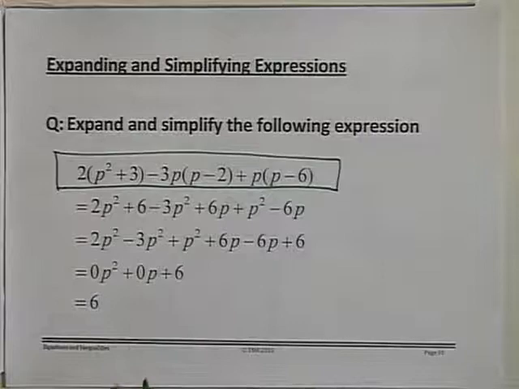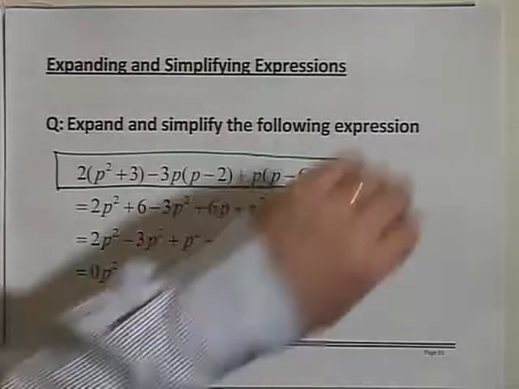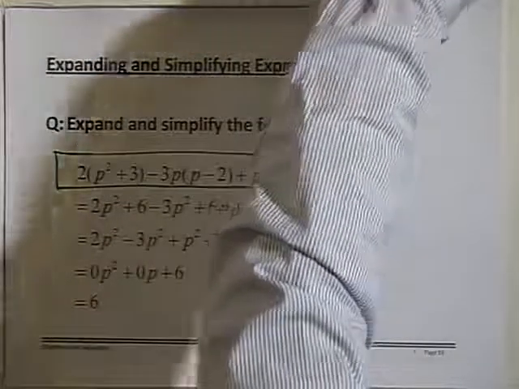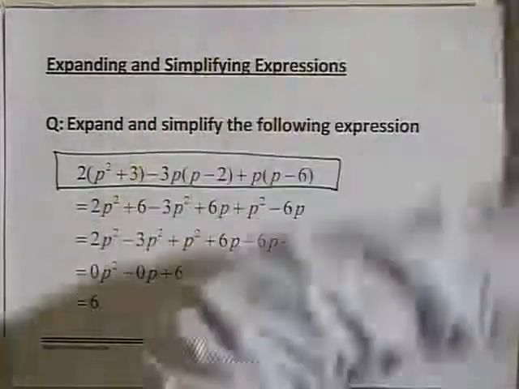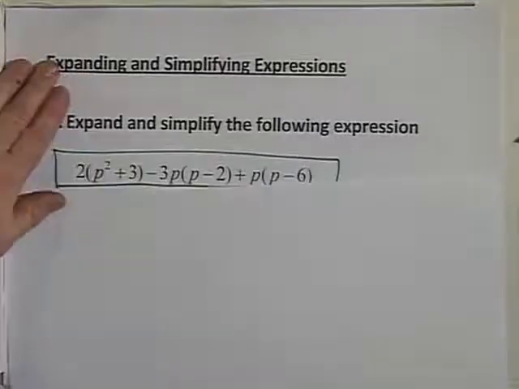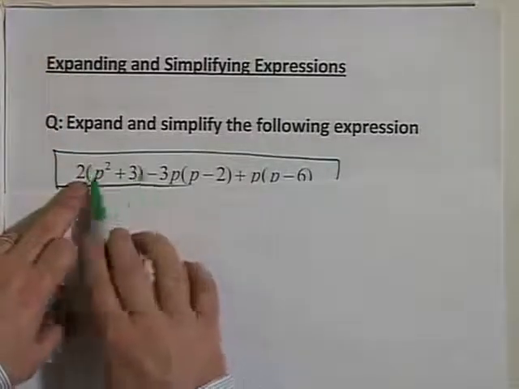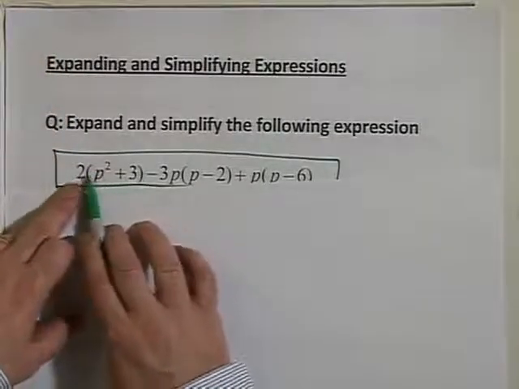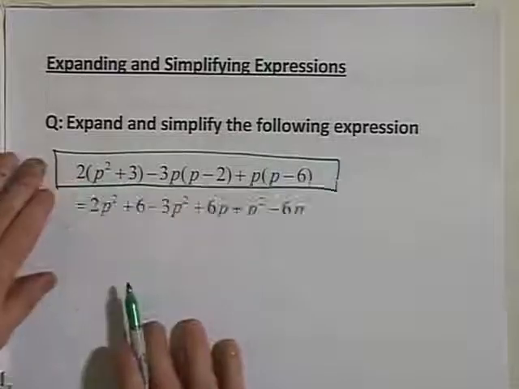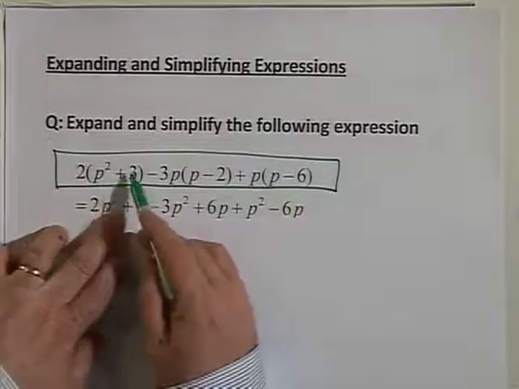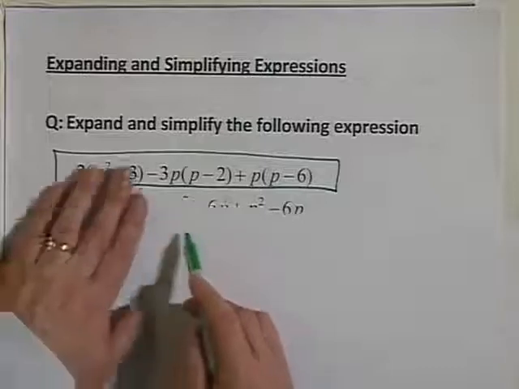Expand that expression. So the way we do that is that we take each of the terms in turn and we say, if we're multiplying into a bracket, we multiply everything in the bracket by the 2. So the 2p squared and the 2 times 3 is 6.